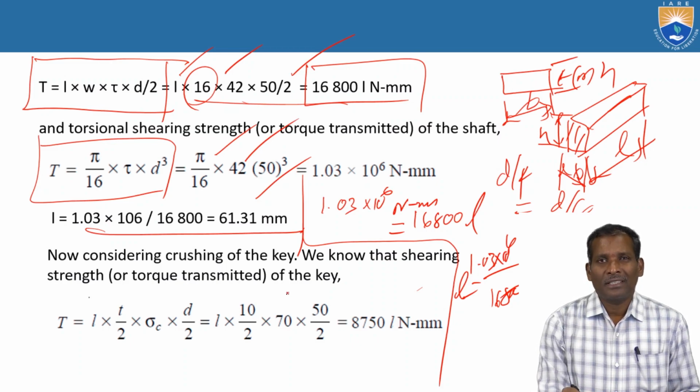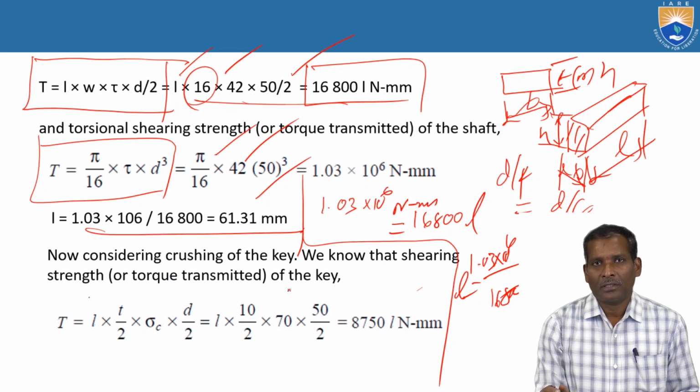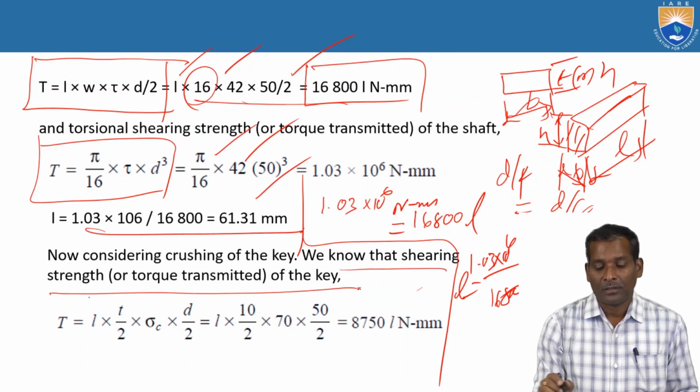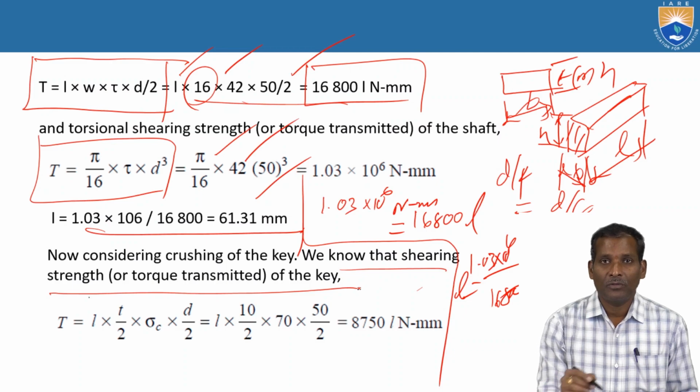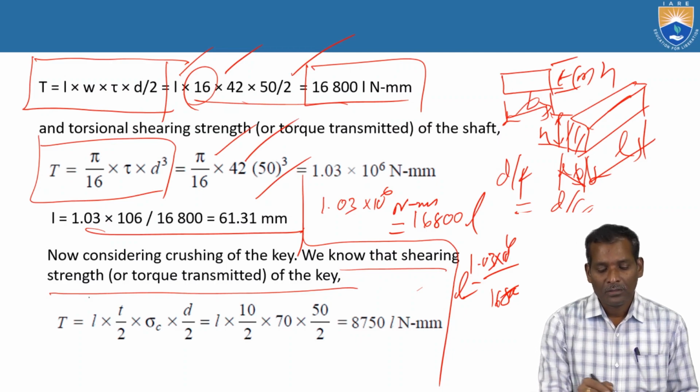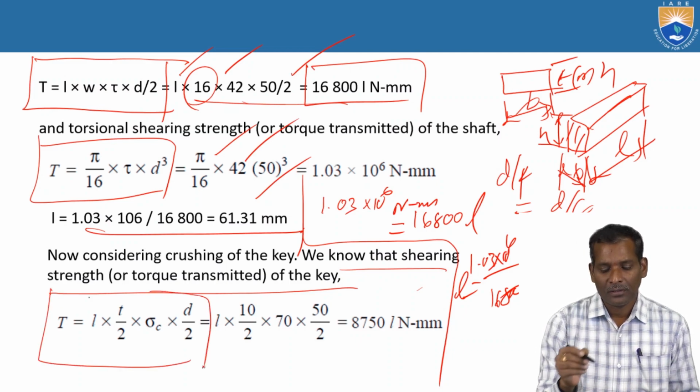So now considering the crushing of the key. In the previous case you only considered shear strength. But in your problem, shear strength and crushing strength are both given, so we have to take both. We know the torque transmitted by the key, when the crushing stress of the key is considered, so again write down the equation.